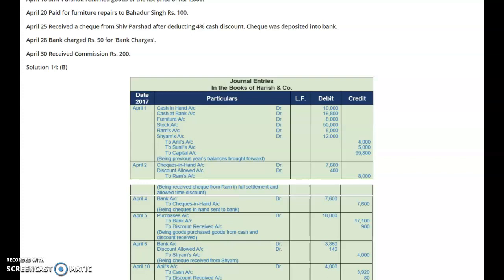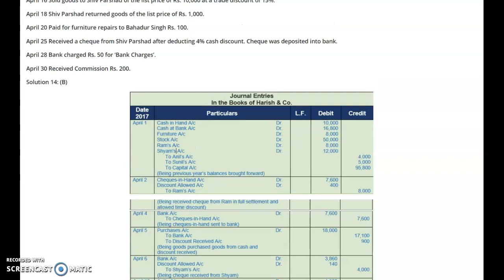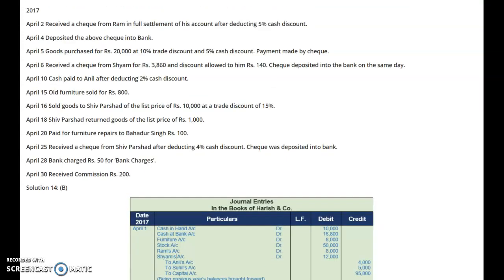But here the payment was made through check, so we had credited the bank account with 17,100. Discount received is our income. It will be shown on the credit side with 5%, 900. And narration may be written here: being goods purchased for cash and discount received. So this way we had also recorded the other entry. I will continue in my next video about the remaining entries of this question.